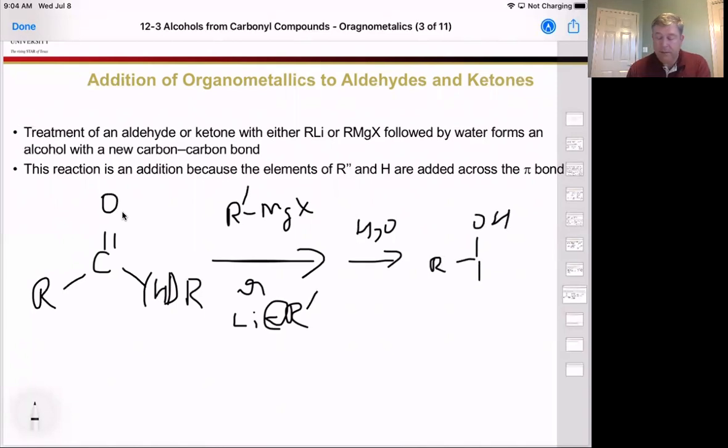Let's signify these as our new R group plus whatever the group was already on here, whether it was an H or an R. Okay. So in this case, when we have an aldehyde or a ketone, we're using the organometallic reagent. Instead of ring open, we're actually going to do an addition across that double bond. And then the final part of the addition is adding the hydrogen from the quench water step.